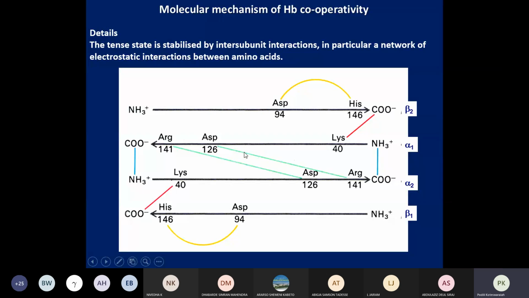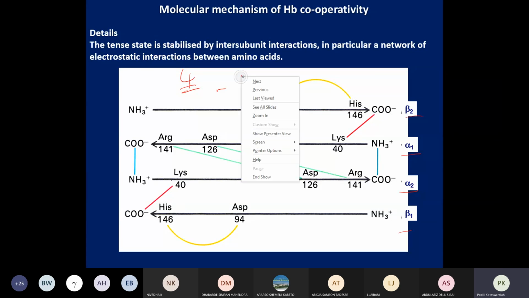And the reason why deoxyhemoglobin is called the T state or tensed state: as I already said, hemoglobin is a tetramer with 4 subunits, alpha 1, alpha 2, beta 1, and beta 2. All these 4 subunits are highly stabilized by salt bridges.